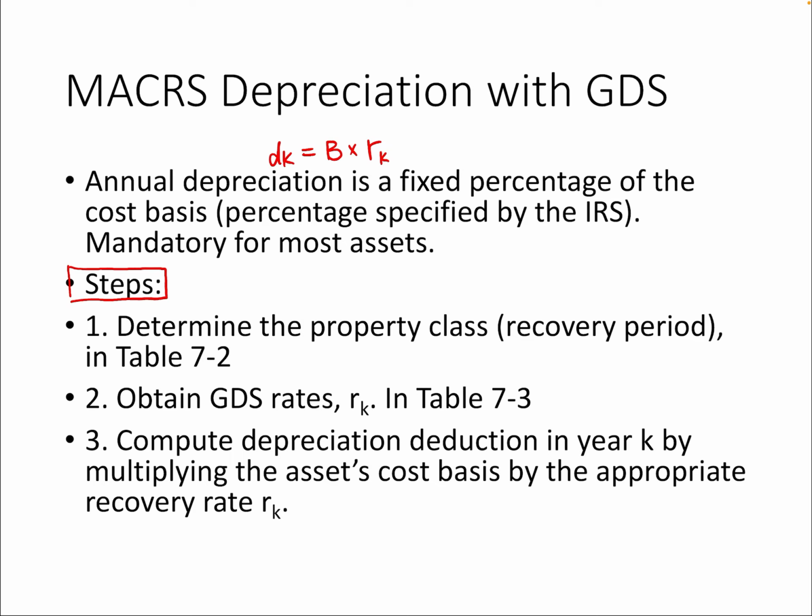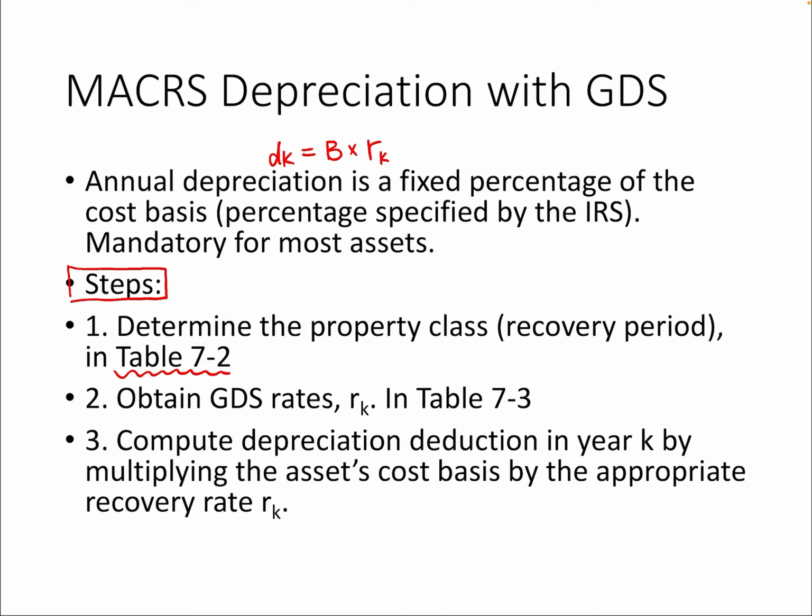And then you need to check in the table, which is table 7-2 in our textbook. You need to read through those different classes of property, and then determine which class is your specific property. Okay, that's the first thing.